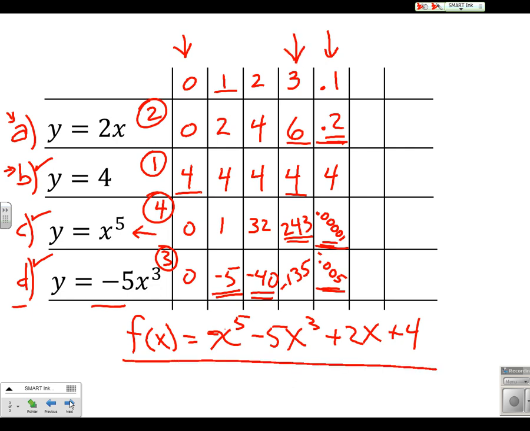Let's take a look at this one. I'm going to let you go ahead and graph this one on your graphing calculator. So you may go ahead and do that, and I will pull it up on the video here.